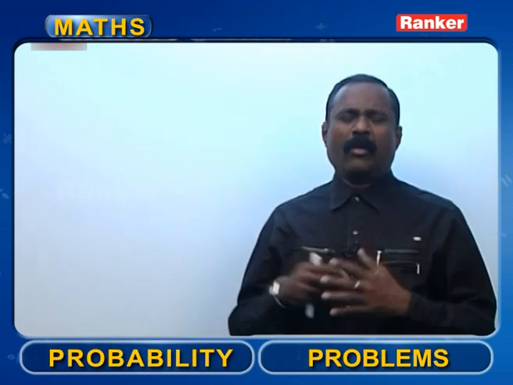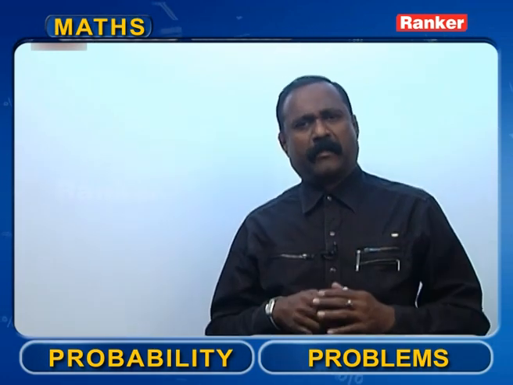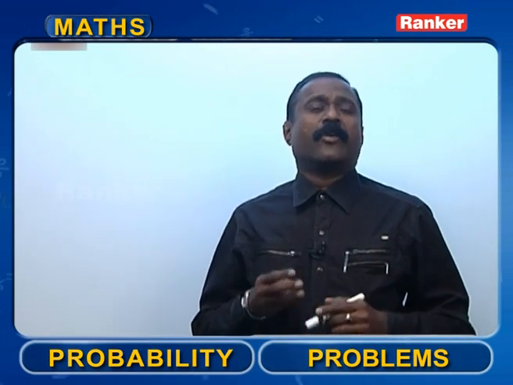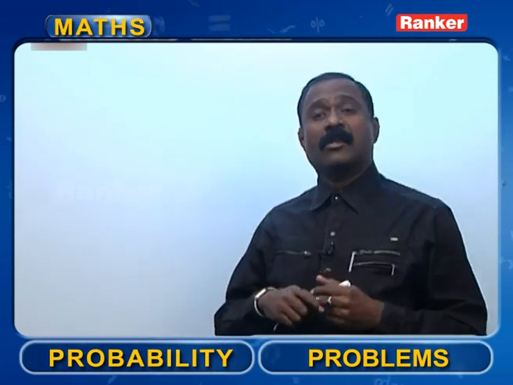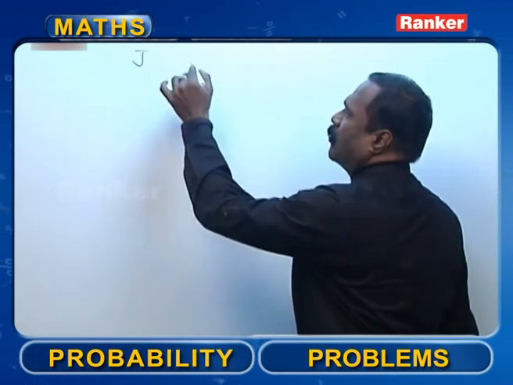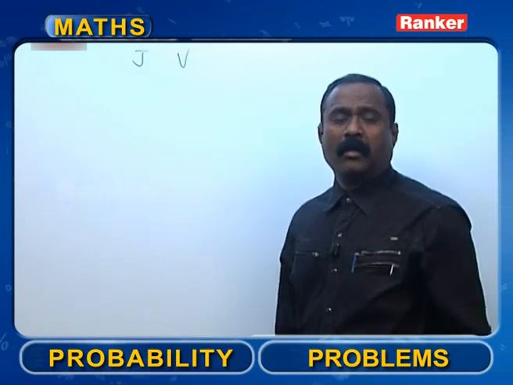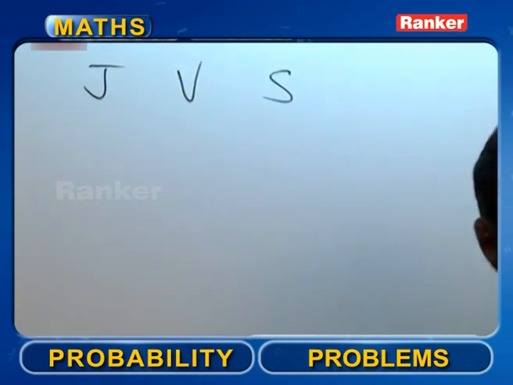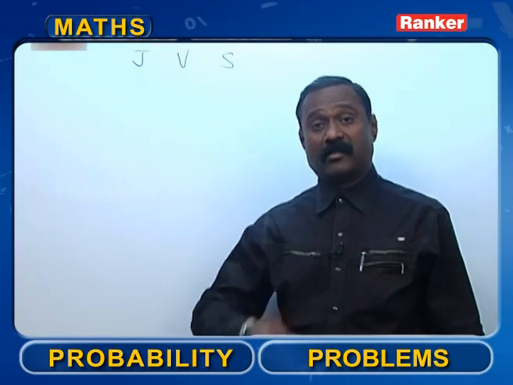Now, let us take a better example than this, which is practically suitable to you. Let me say you have to give 3 examinations. One is the JEE examination, another one is, let me say, the VIT examination, and another one is some SRM University examination. You are giving all these 3 examinations.